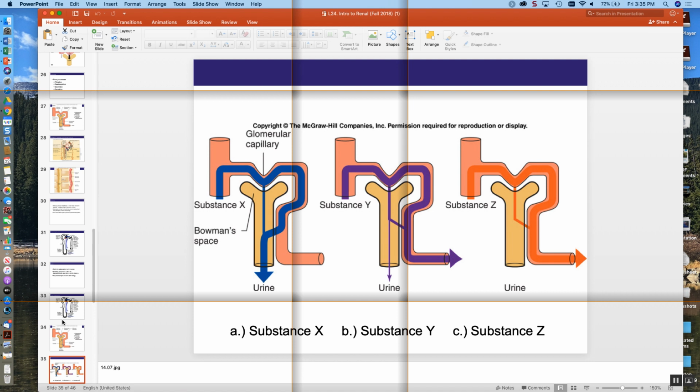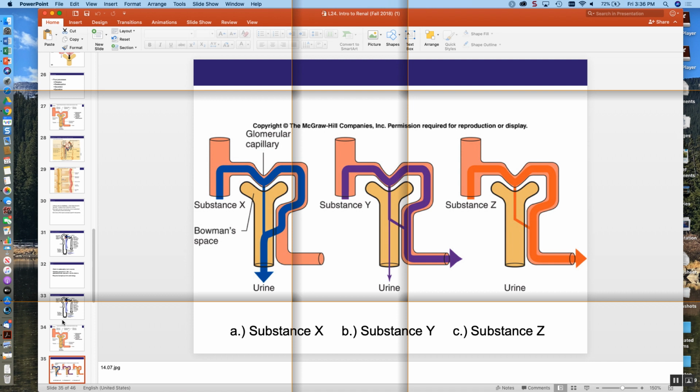Does that make sense? So the clearance equation will be on the back of your exam. You will see it right away. If you calculate creatinine clearance, you're basically calculating GFR. If you're calculating PAH clearance, you're essentially calculating renal plasma flow, right?